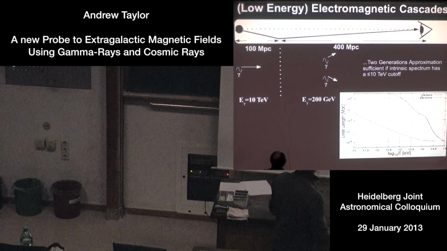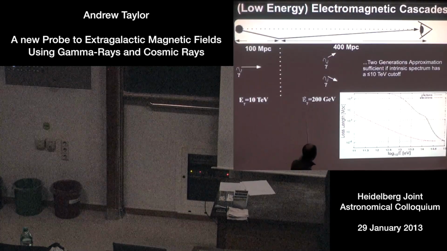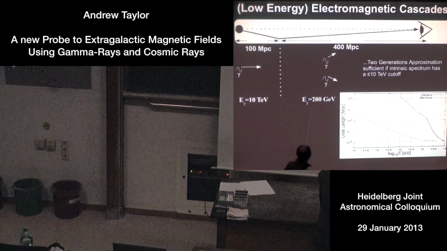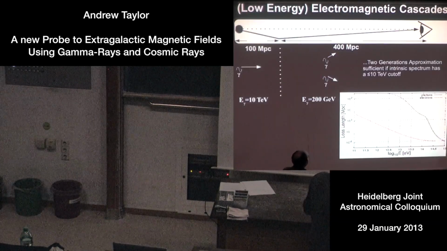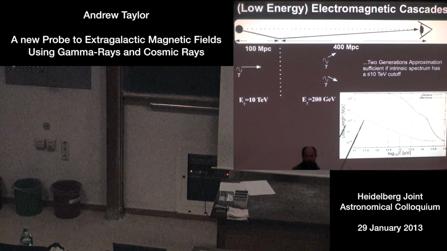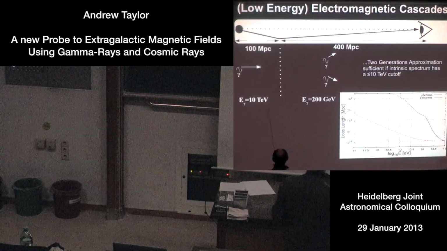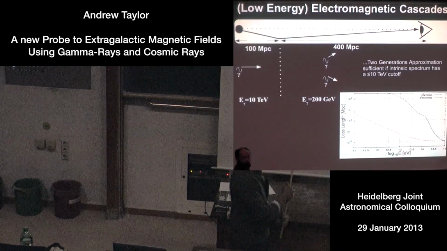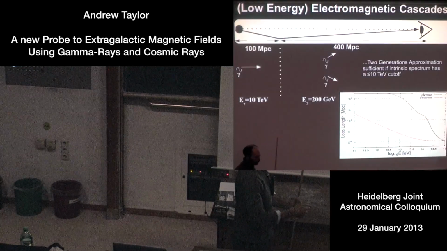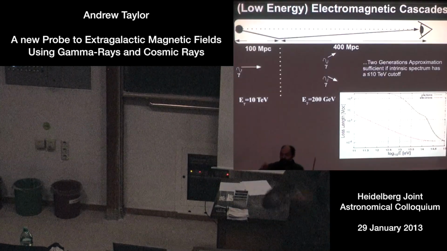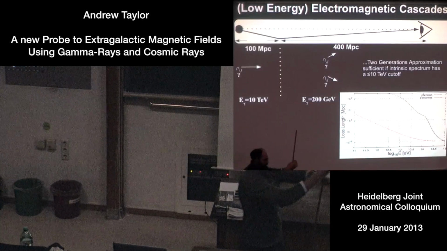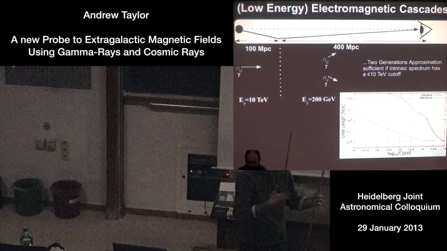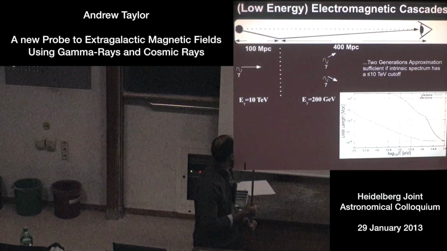Then the secondaries produced through the inverse Compton process will be produced with 200 GeV. And this two-generation approximation is actually quite sufficient, essentially because we start off only with 10 TeV photons. The higher in energy that the blazars can output their photons, the more relevant the development of more complicated cascades is.